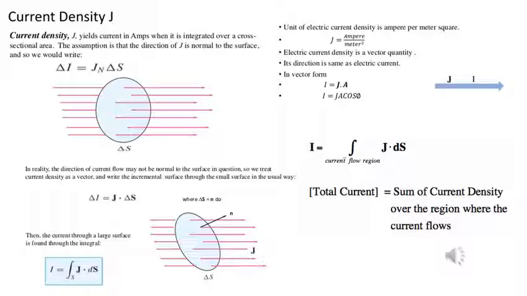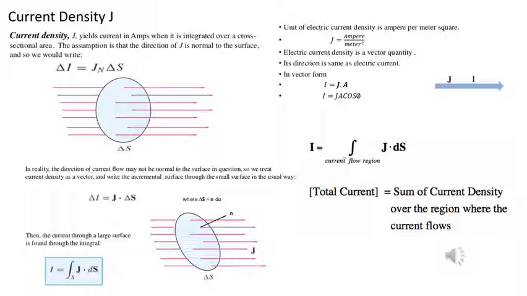Always remember that current is a scalar quantity which only gives us the rate of flow of charge in magnitude. But current density is a vector in the direction of current flow, which gives us the actual direction where the current is flowing or has to flow in a given region.